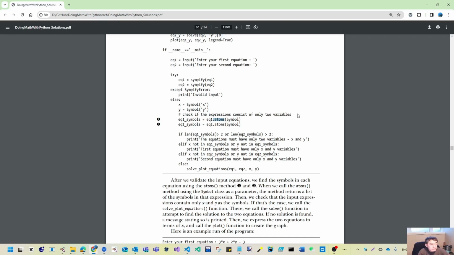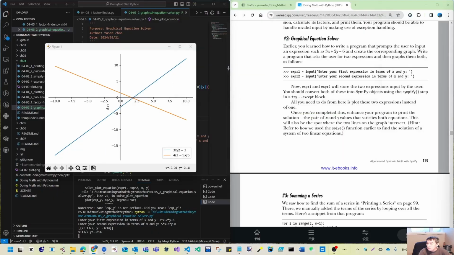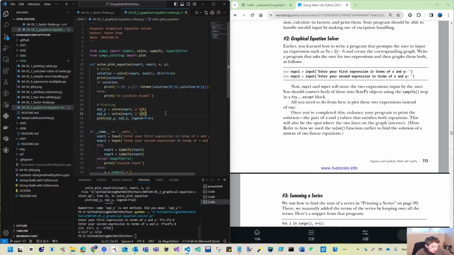But I think we may learn this afterwards. For this sample, if we just want to implement the graphical equation solver, the code here is already good enough for now.